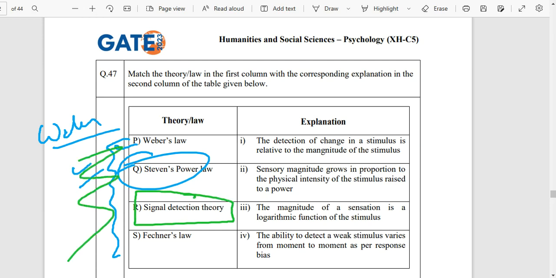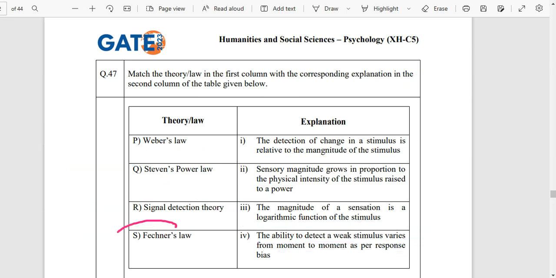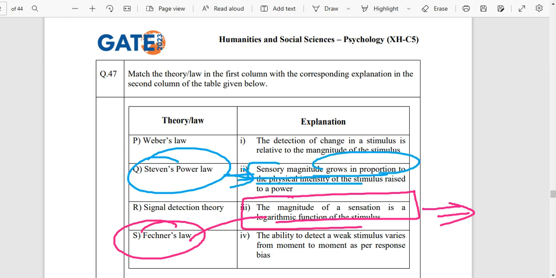Signal detection theory goes with the ability to detect a weak stimulus varying from moment to moment as per response bias. So your R goes with 4. And then we have Fechner's law: the magnitude of a sensation is a logarithmic function of the stimulus. Then we have Stevens power law: sensory magnitude grows in proportion to the physical intensity of the stimulus raised to a power.